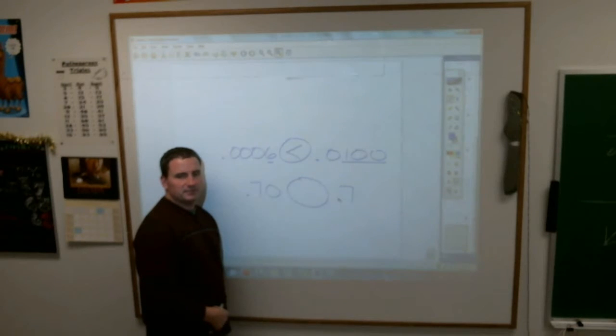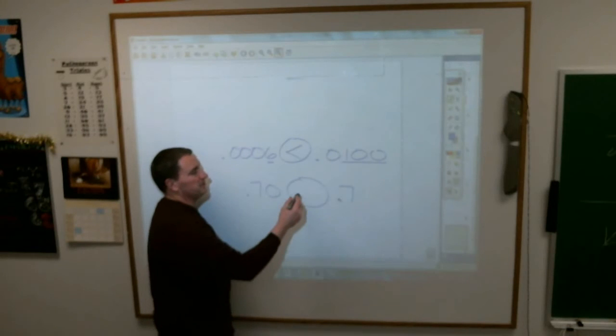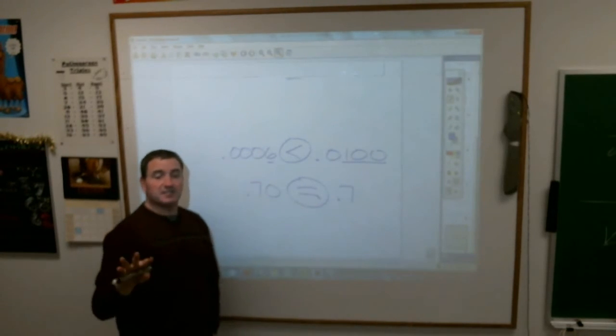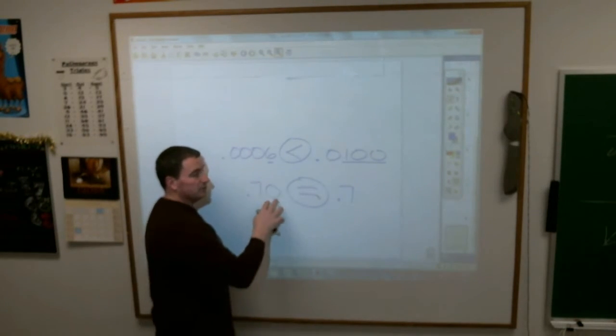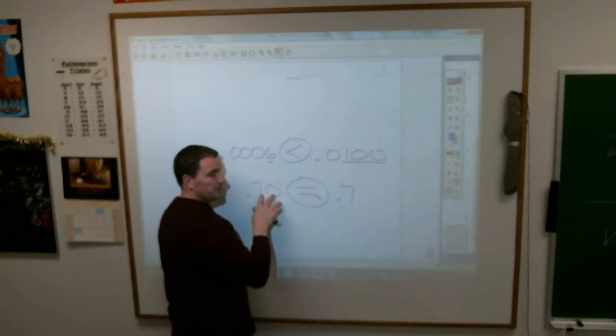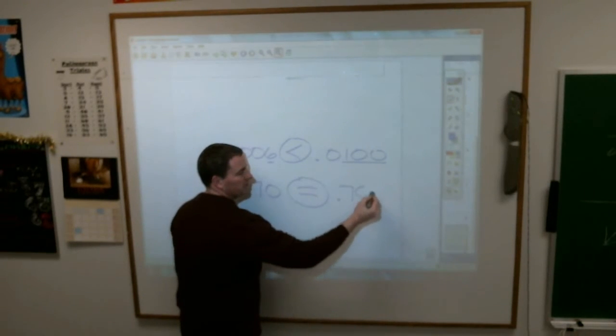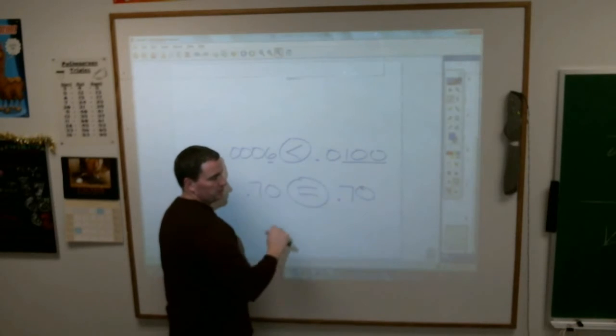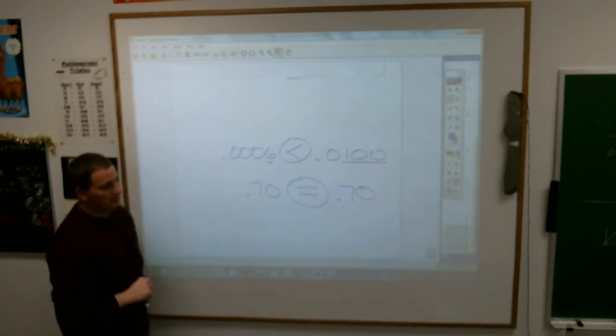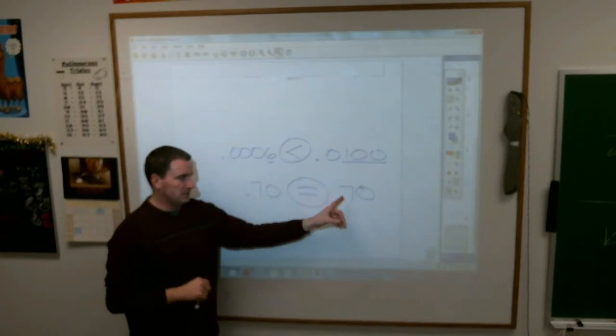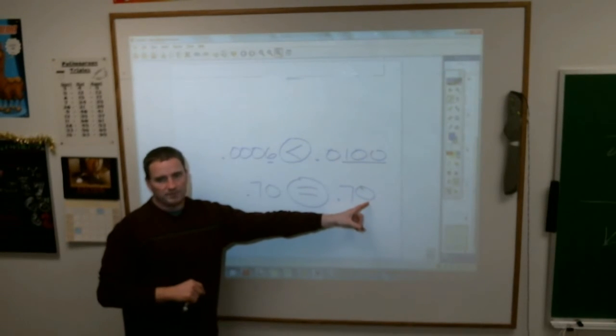No, I'm afraid not. Laney? Yeah, they are equal. Like I said, if this has 2 decimal places, I can always add zeros, and it's really 0.7 equal to 0.7. This is 7 tenths with no hundredths, and this is 7 tenths with no hundredths over there as well.